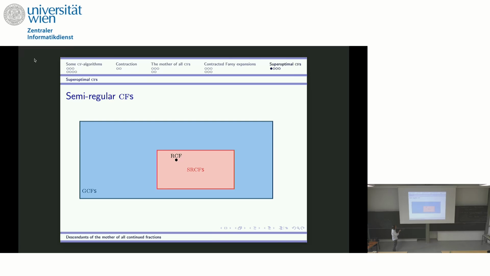This is a subfamily of these generalized continued fractions that have been the basis of this talk. Semi-regular continued fractions are just generalized continued fractions whose digits satisfy certain criteria. So it's a certain subfamily of generalized continued fractions. And one particular instance of a semi-regular continued fraction would be the regular continued fraction.